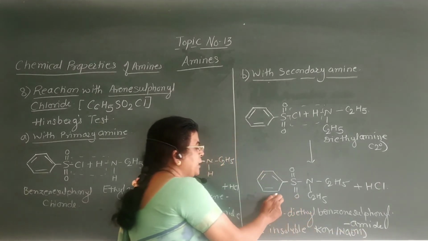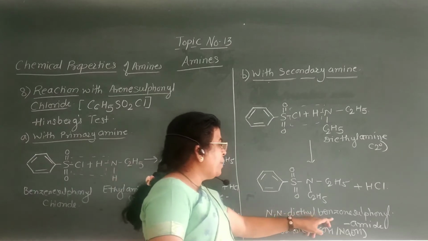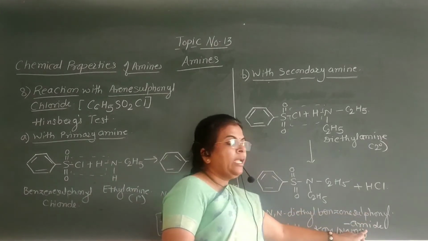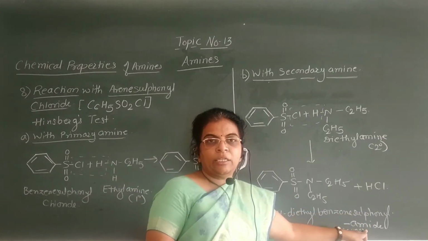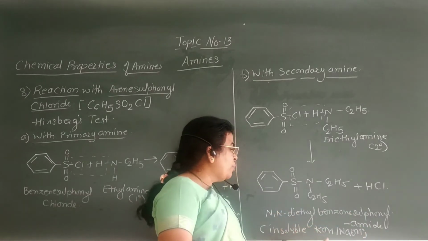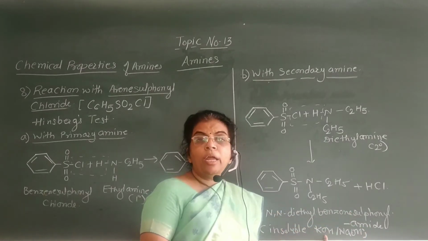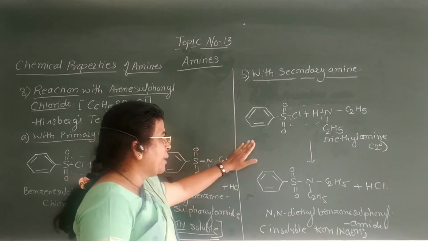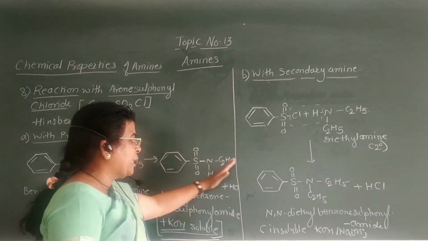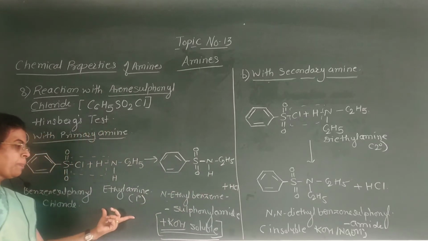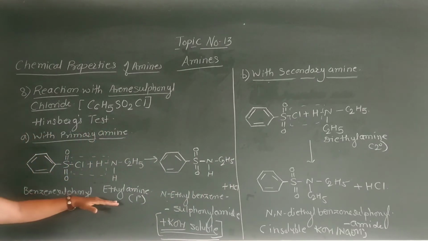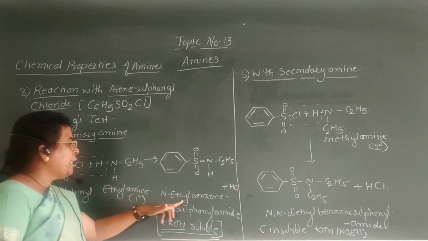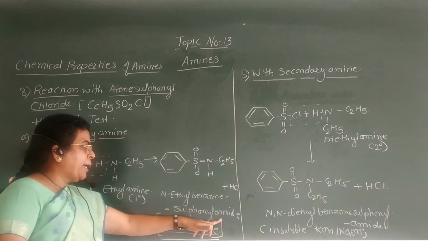That is, this N,N-diethyl benzene sulfonyl amide is not acidic in nature, and therefore it is insoluble in a base like KOH or NaOH. Now we can differentiate primary and secondary amines by these two reactions. In case of the primary amine, ethylamine, when it reacts with benzene sulfonyl chloride, formation of N-ethyl benzene sulfonyl amide takes place.